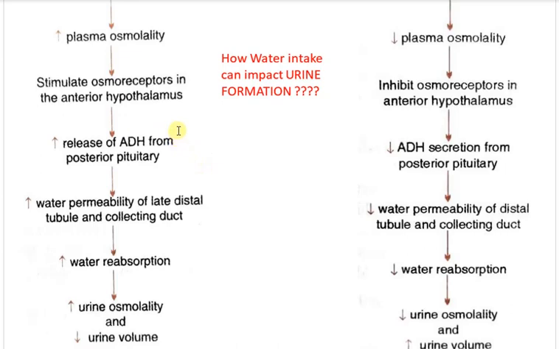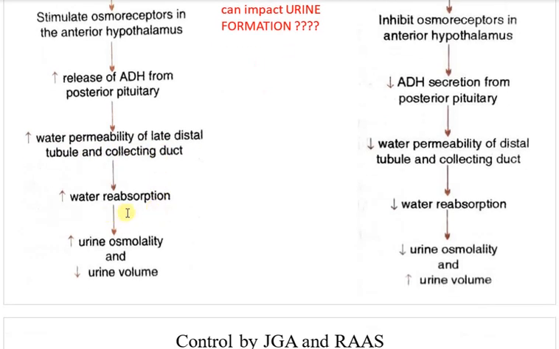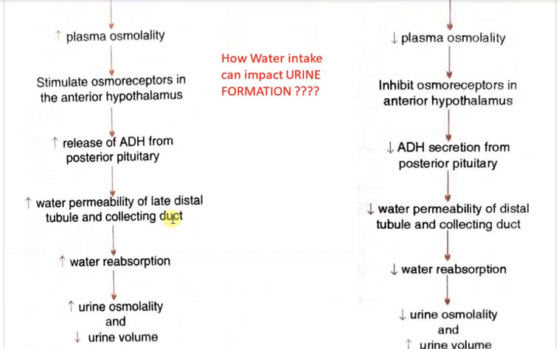The moment the anterior hypothalamus gets stimulated, it increases the release of ADH from the posterior pituitary, and the water permeability of the late distal tubule and collecting duct also increases. As a result, water reabsorption increases, urine osmolarity increases, and urine volume decreases.